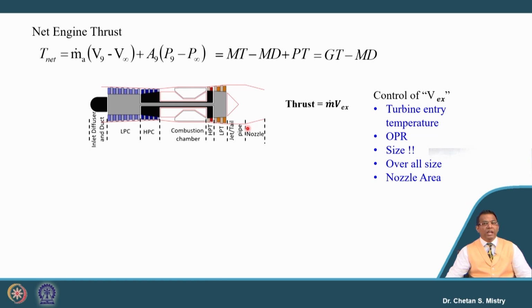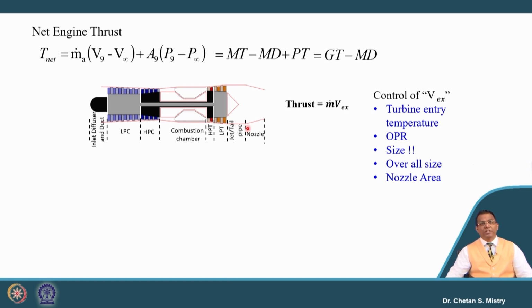Next is improving the overall pressure ratio. Last week we were discussing the two spool configuration. There we realized that increasing the overall efficiency in combination with turbine entry temperature plays an important role; changing the overall pressure ratio alone will not make sense.